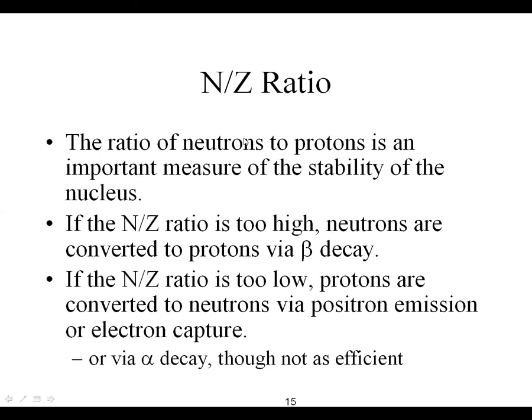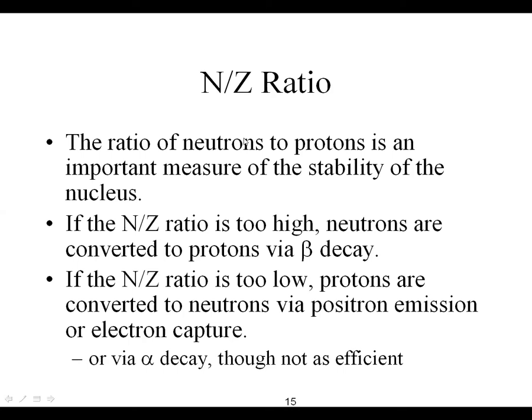And if this ratio is too high or too low, it will result in the nucleus going through some type of decay. So let's talk about the types of decays that these guys will undergo if the ratio is not so good.